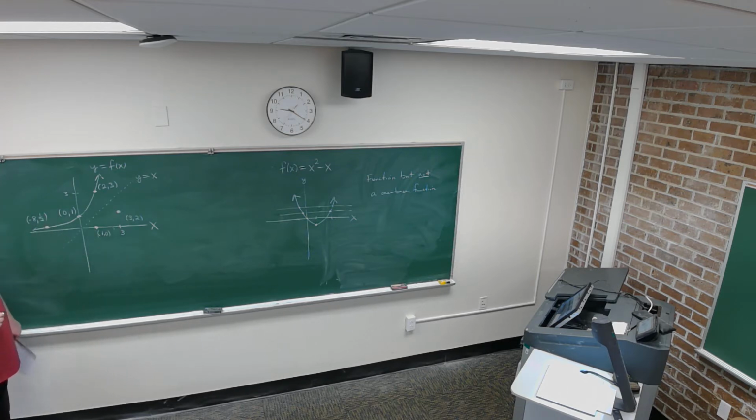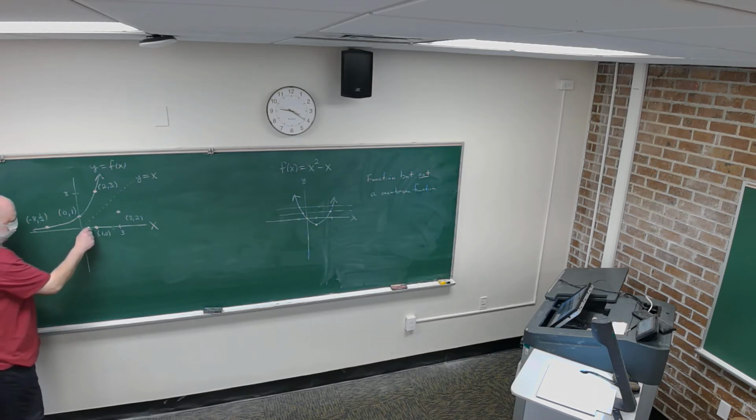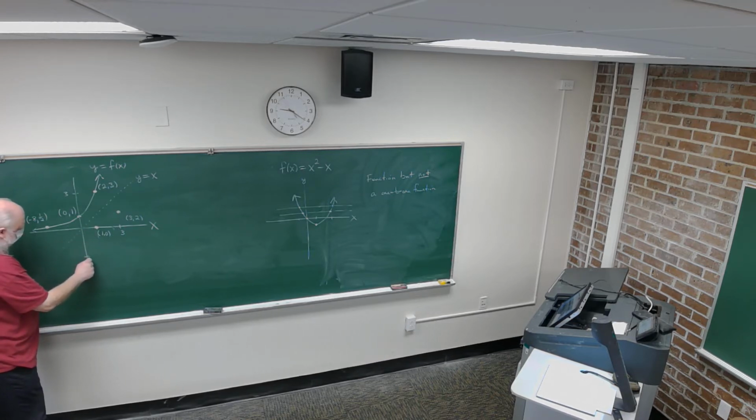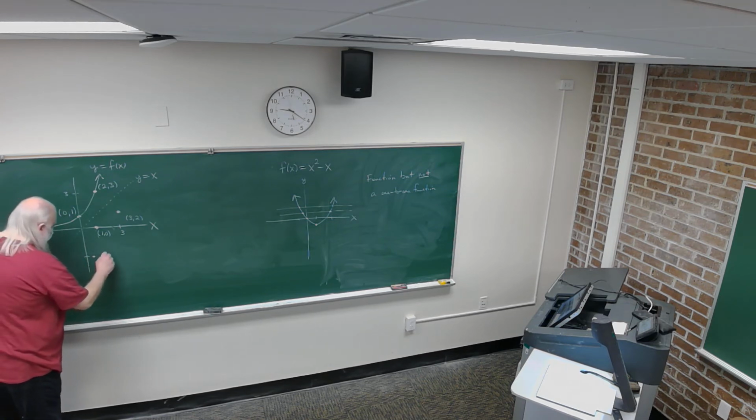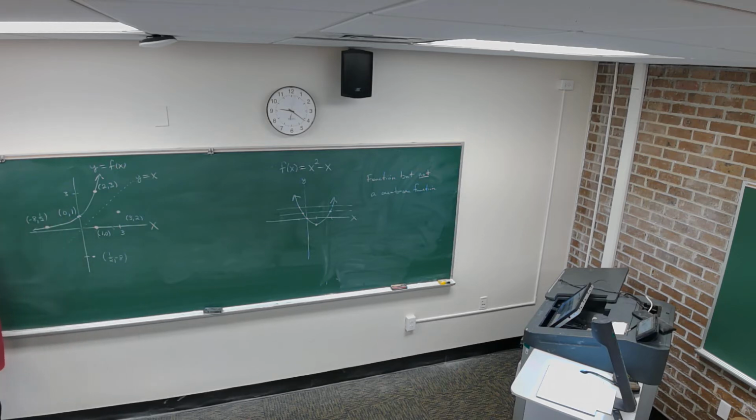That's a point on the inverse function. This is the point on the one-to-one function. And then we have the point (-8, 1/2). So when we reverse the x and y coordinates, here's x equals 1/2, and here is -8 down here roughly. So this is the point (1/2, -8) on the inverse function.